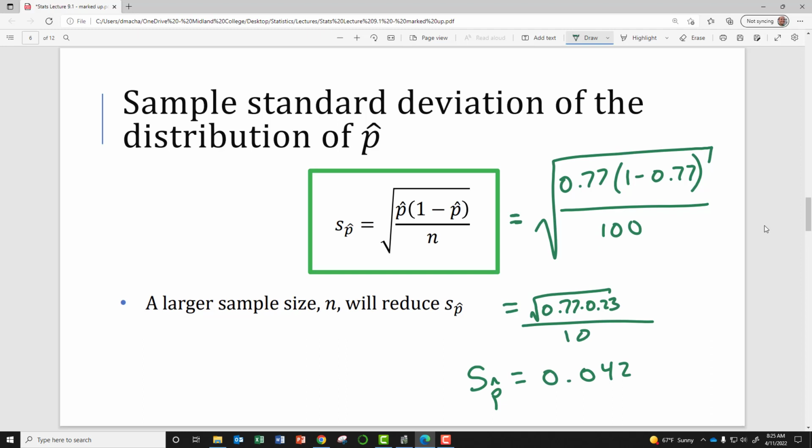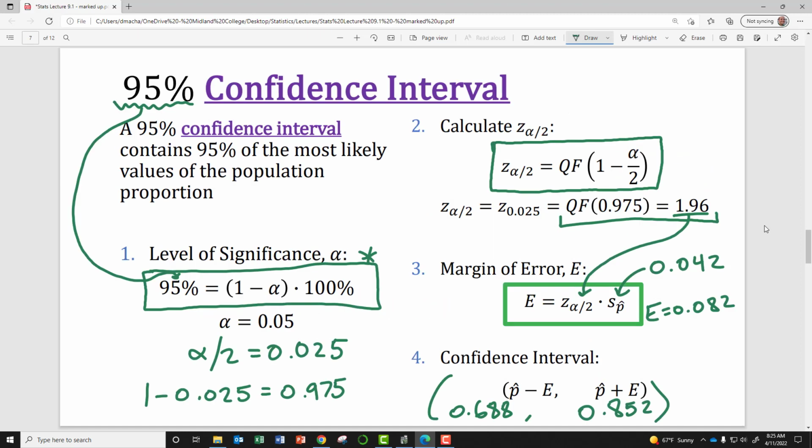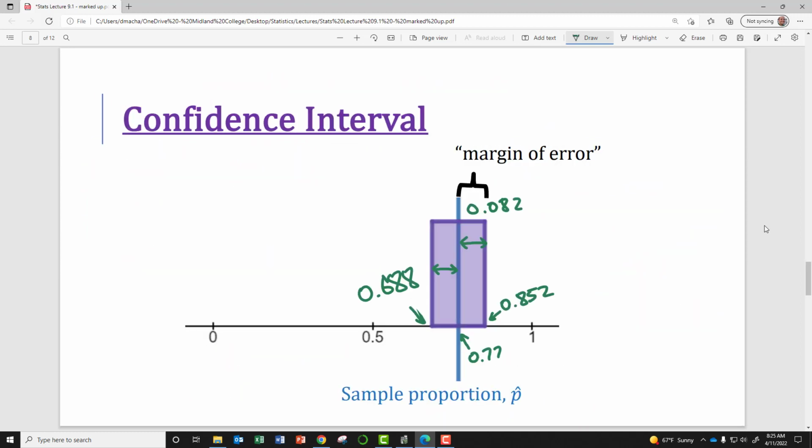So for a larger sample size, that's going to reduce this lowercase s, and if that's reduced, the margin of error gets smaller.